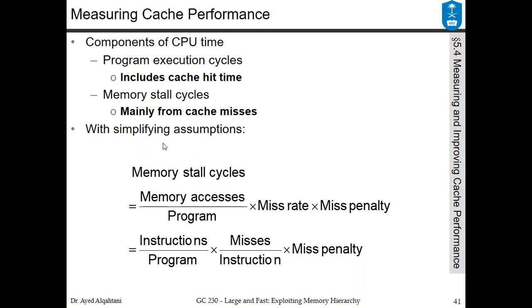So with simplifying assumptions, we will say that the memory stall cycles are the memory accesses divided by the program, which means that I'm getting how many accesses I'm having in a code or in an assembly code. This is multiplied by the miss rate, multiplied by the miss penalty.